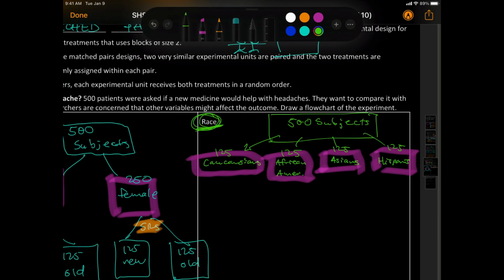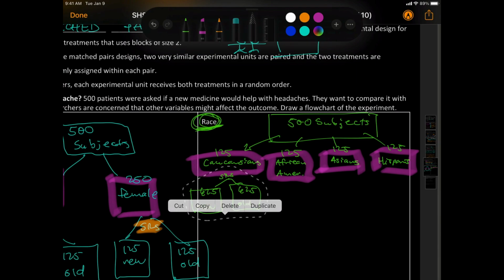And then for each one of those, you apply the SRS, and some would get the new, and some would get the old. Guess it doesn't really work out. Should have done a better number, but 125 divided by 2 is 62.5.